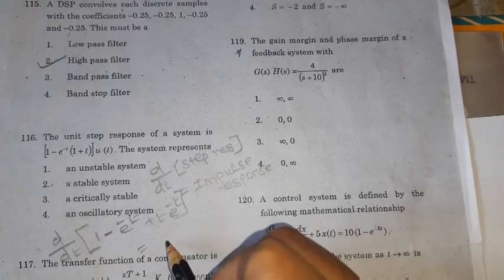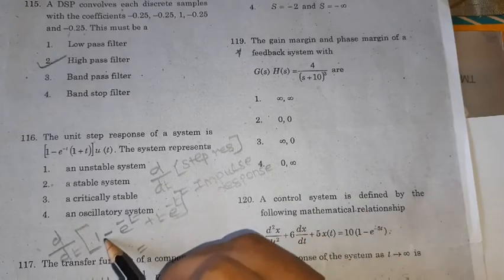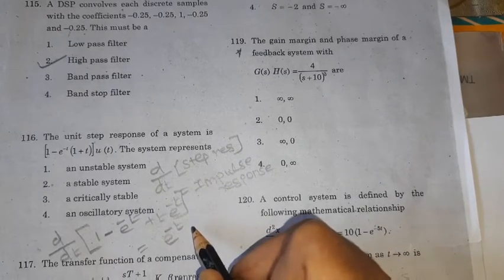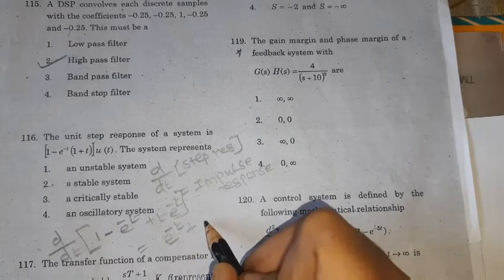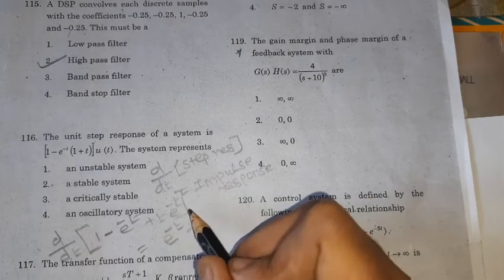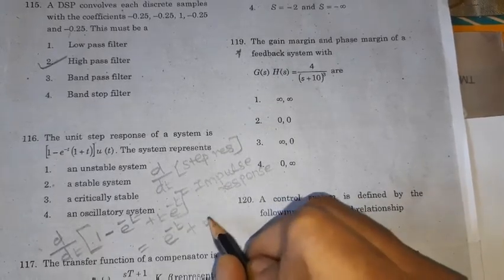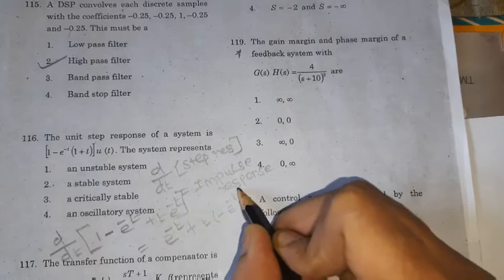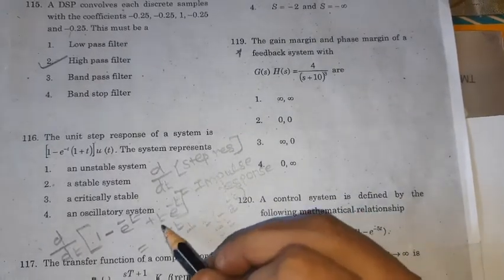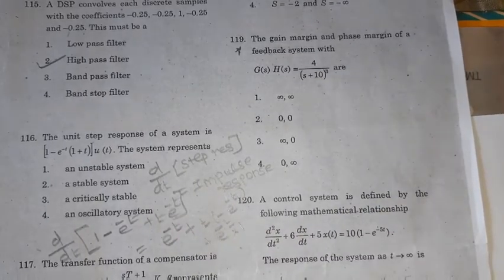For e power minus t, we get e power minus t, since minus into minus is plus. Then for t into e power minus t, using the uv formula, u dv plus v du: take t as constant, we get minus e power minus t, plus e power minus t as constant, differentiating t with respect to t gives 1.